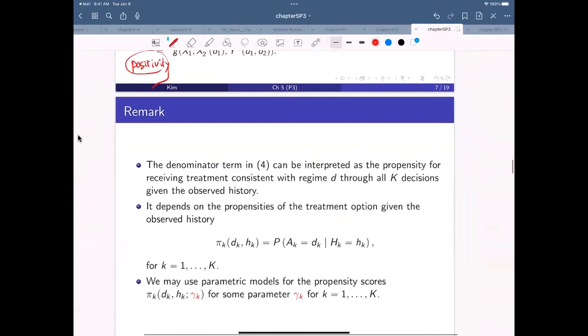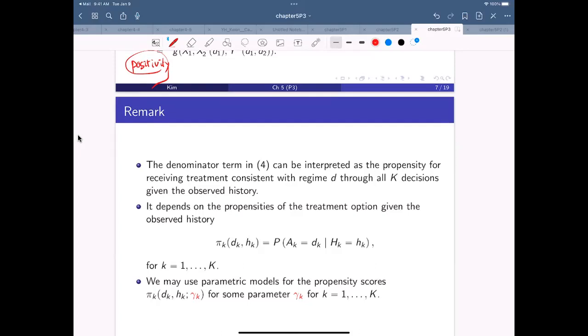So the denominator term in the Horvitz-Thompson estimator can be interpreted as the propensity score for receiving the treatment consistent with the regime D through all K decisions, given the observed history. So it depends on the propensities of the treatment option given the observed history.